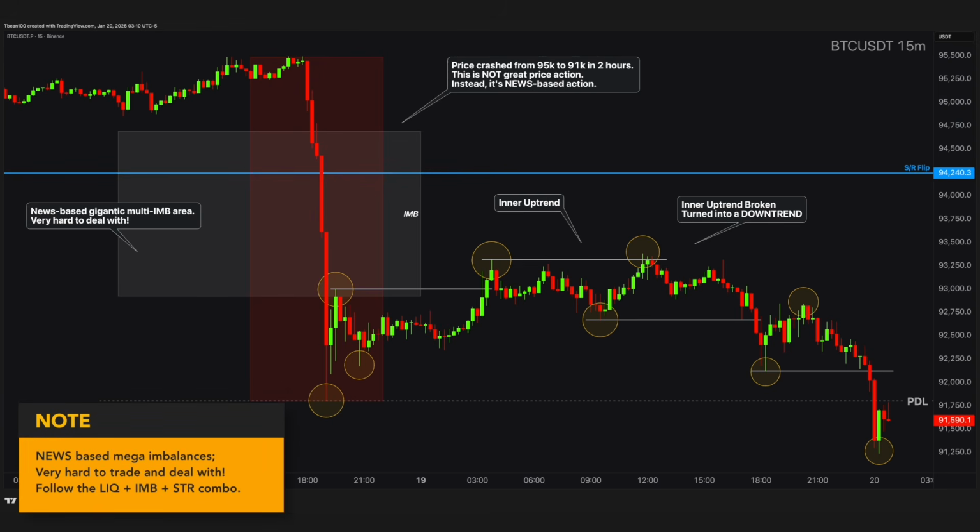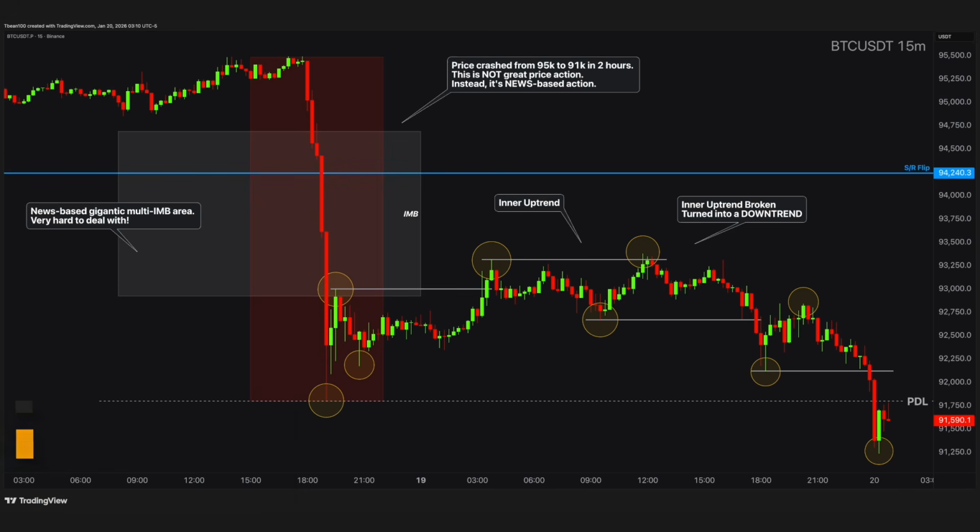We honestly do not know how far the price can pull back or how many times that inner trend might change direction. No matter what approach you take, you still need to combine liquidity, imbalances, and the structure together. Those three elements working together are always what give you the best possible results in trading.